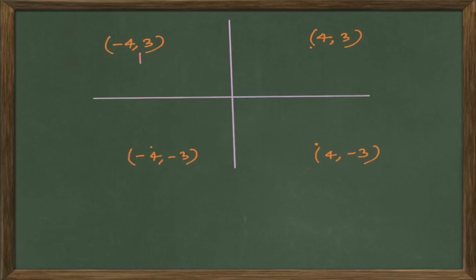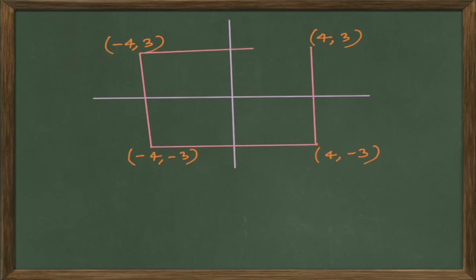Therefore, the rectangle that we are interested in is this one. Let us label the vertices of this rectangle as A, B, C and D.